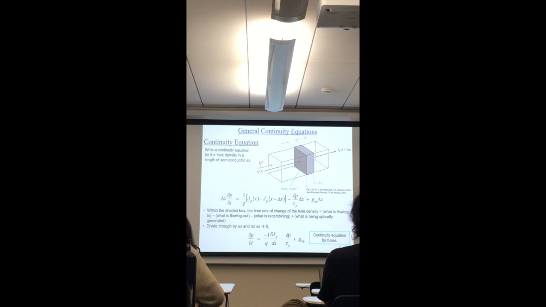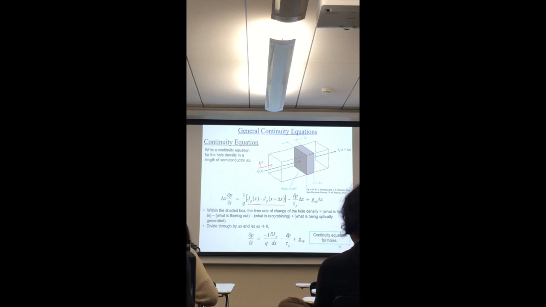So the net change is basically the difference. If current flows in and flows out and these two are the same, then the hole concentration is not changed by this current.